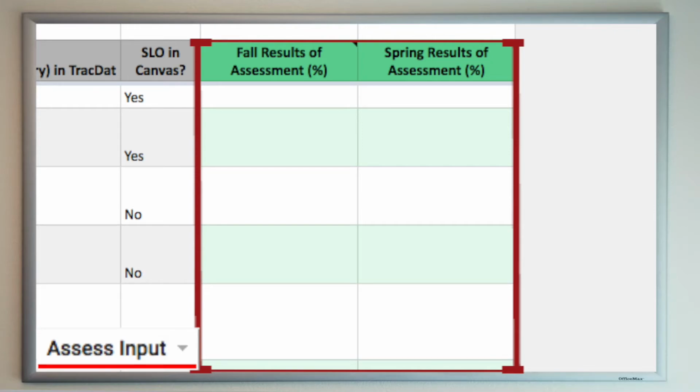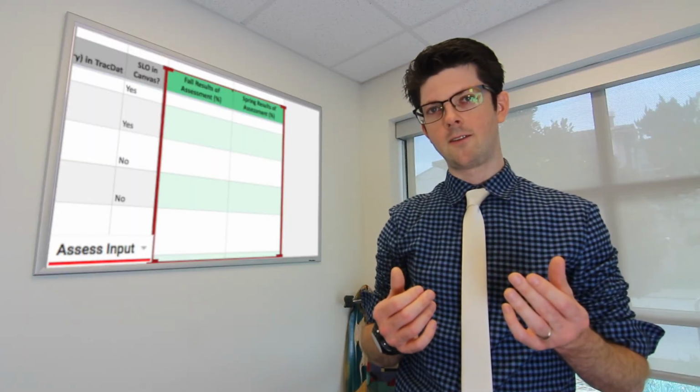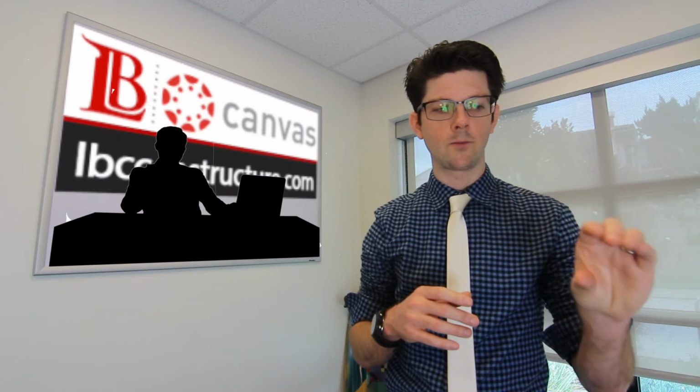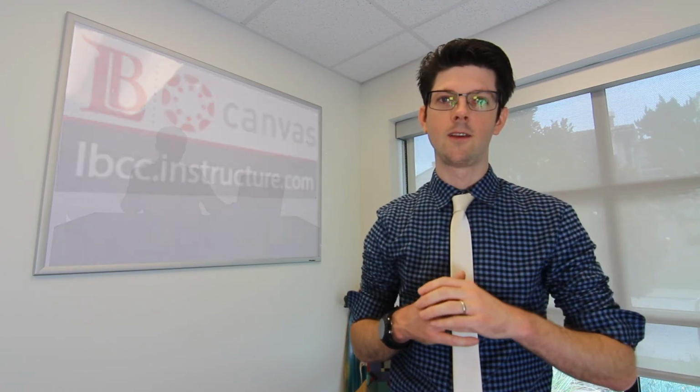It's making the facilitator's job easier when we assess on Canvas. Instead of reaching out to faculty and saying, please send me your result of assessment, and instead of taking the time to tabulate those results, aggregate them, and then finally report them, the SLO facilitator's job is more and more becoming, let's record how the results were from Canvas.